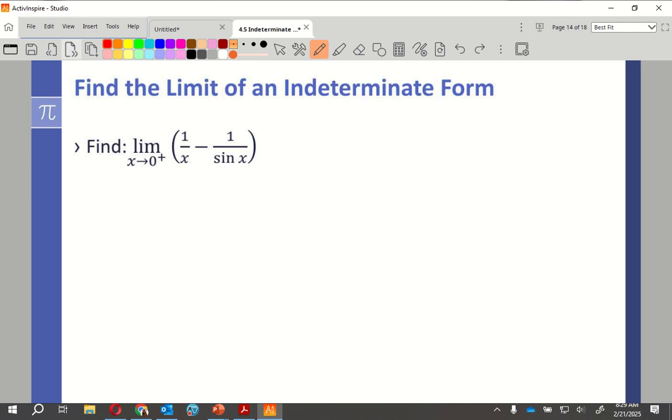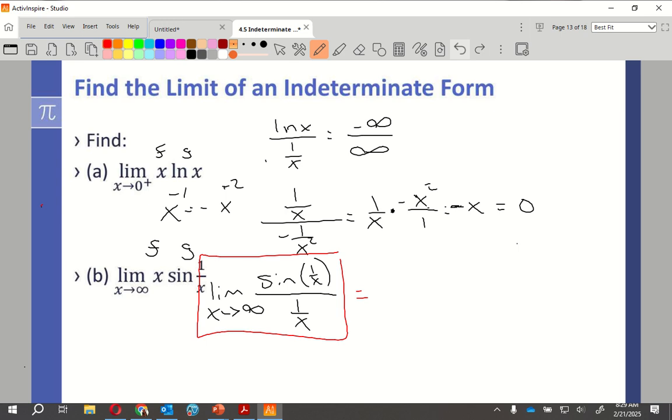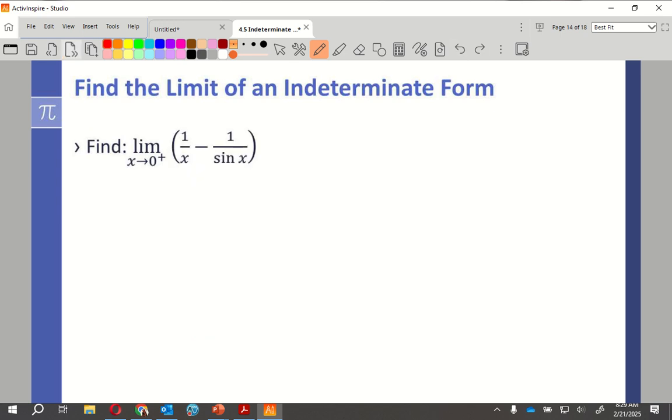So this one right here is the other one I'm going to do. This is the infinity minus infinity. Because if I plug in 0, this would give me infinity, so 1 over approaching 0 is going to give me infinity minus, okay, that's also approaching 0 here.